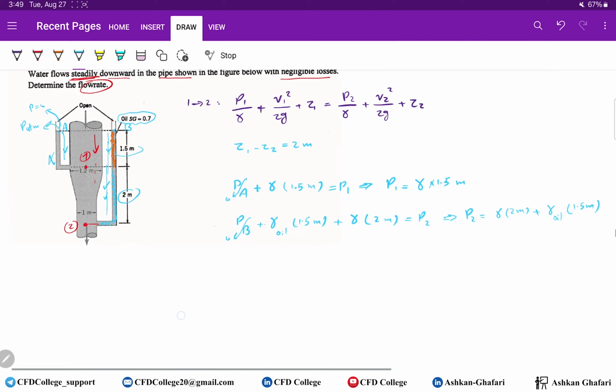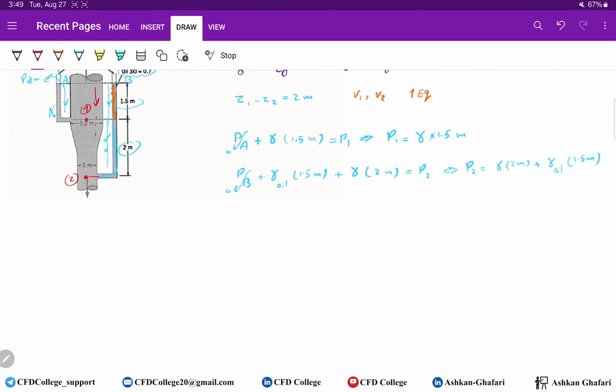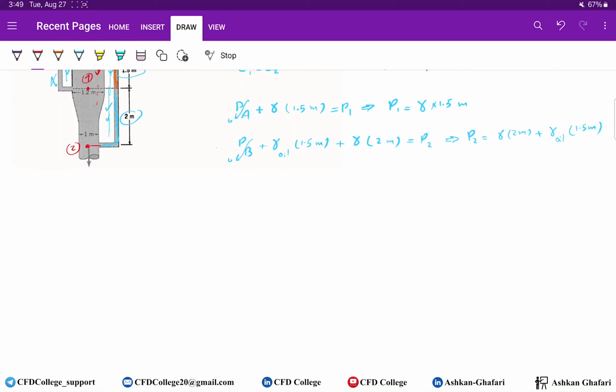Now we have pressures. So we know P1, we know P2, we know Z1 and Z2. We have to think about velocity, because now we have 2 unknowns, V1 and V2, but we have only one equation, so we should have only one unknown. Okay, what can we do? In fluid mechanics we usually use the continuity equation, which means that the flow rate is constant.